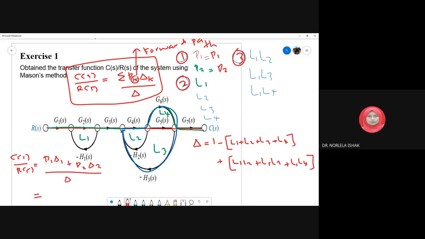Okay, so now our determinant we have declared, this is our determinant, right? So P1 we have declared, P1 and P2 also.